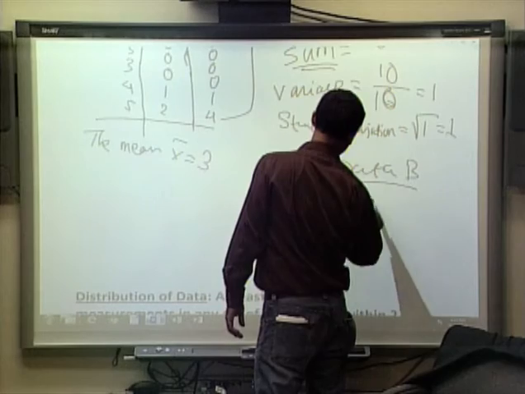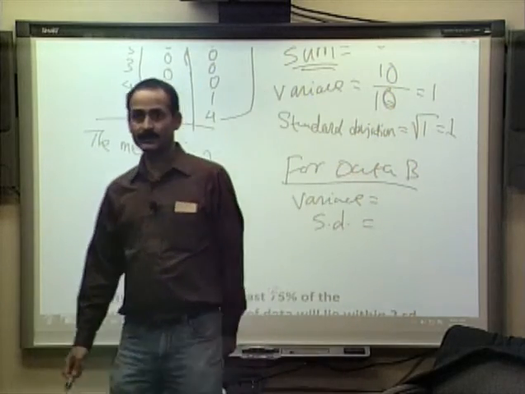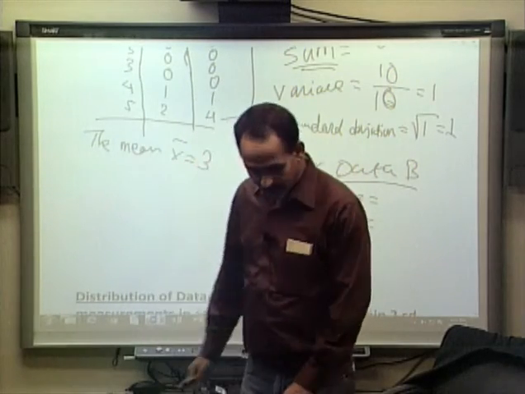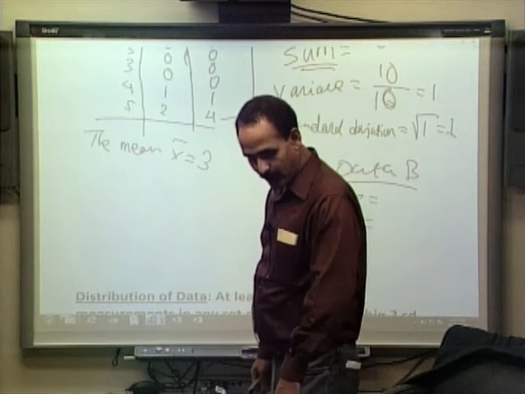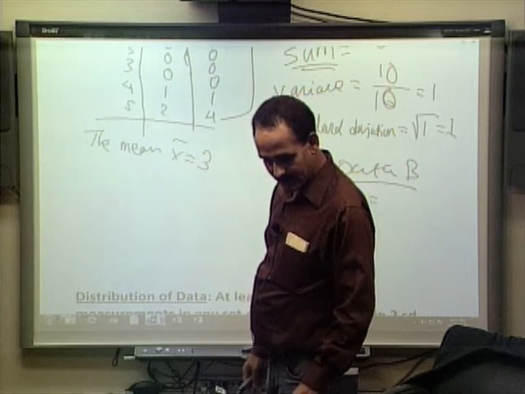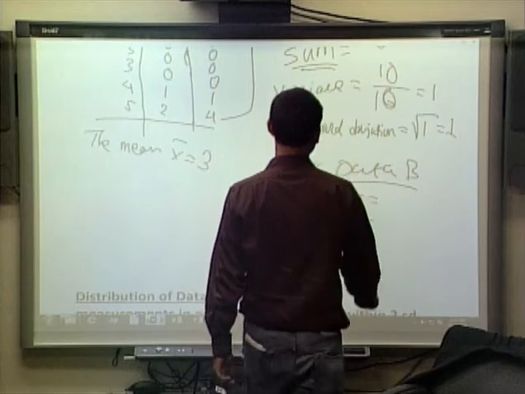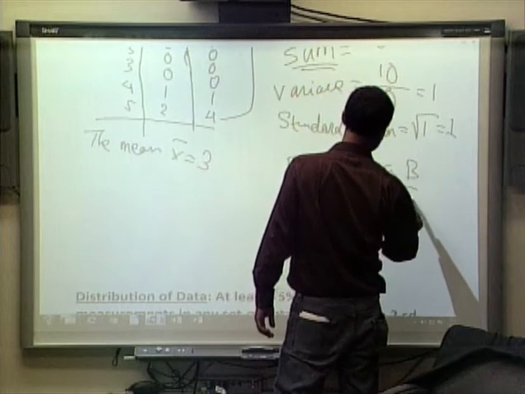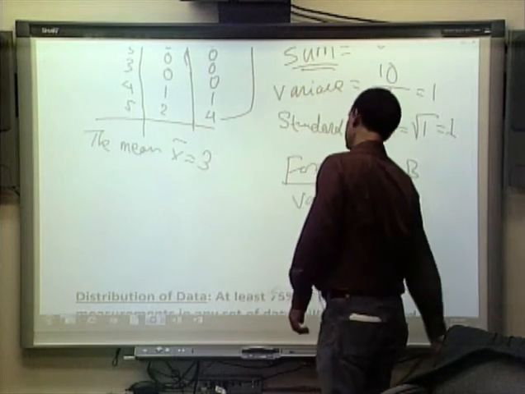Let me write SD for standard deviation. We will get the variance to be 3.4 and the standard deviation to be 1.8.